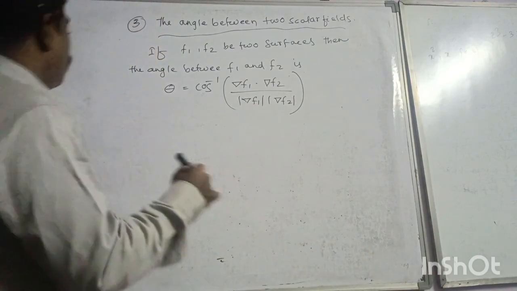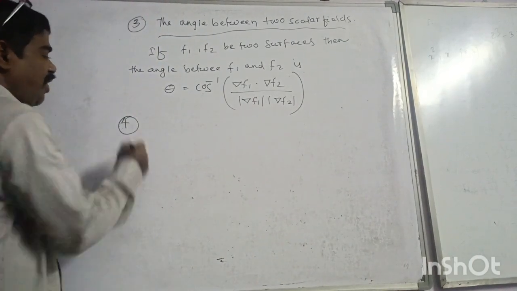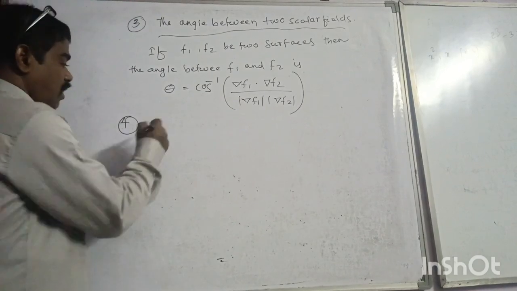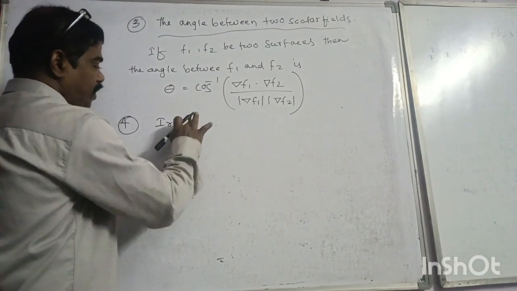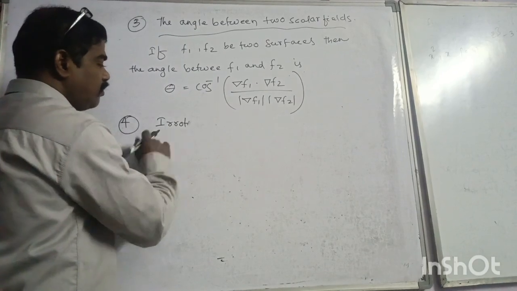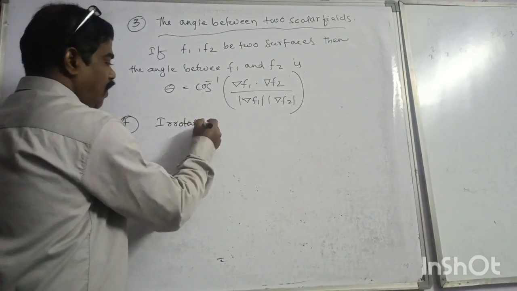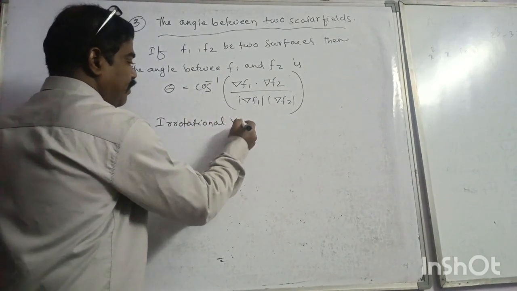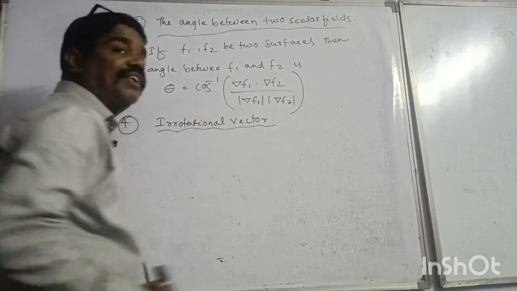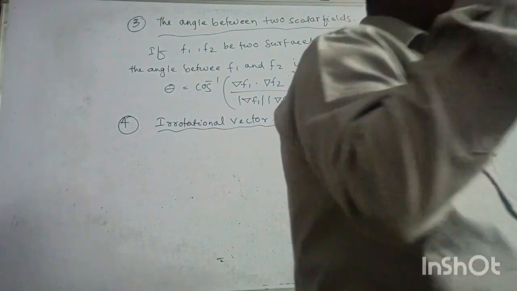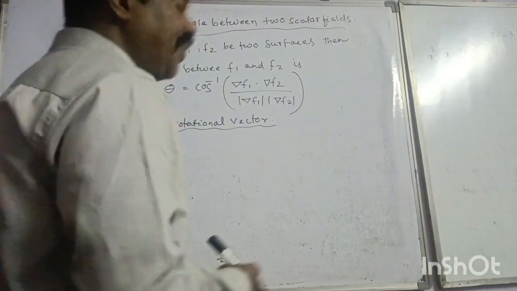Okay? Fine. Fourth point. What is the fourth point? Irrotational vector. What is an irrotational vector? We already studied curl. Curl studied or not? Right.